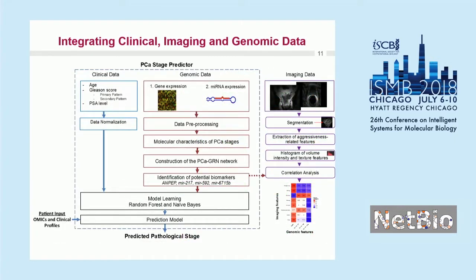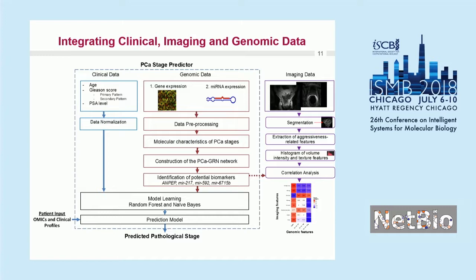Aside from Parkinson's disease, we can also extend this approach into a larger radiogenomic approach. We have applied this also to prostate cancer, into cancer genomics, integrating this with clinical data as you see here, and also imaging data in order to try to predict the pathological stage of prostate cancer patients.